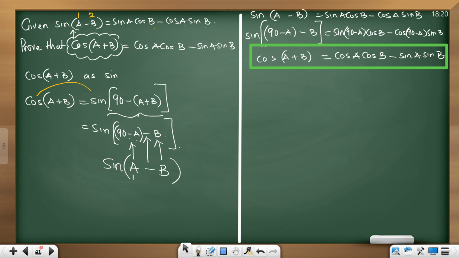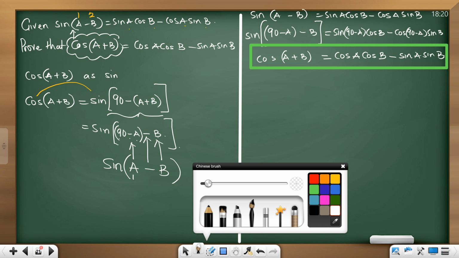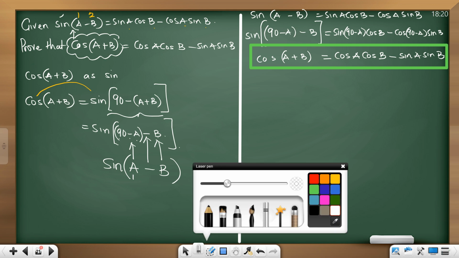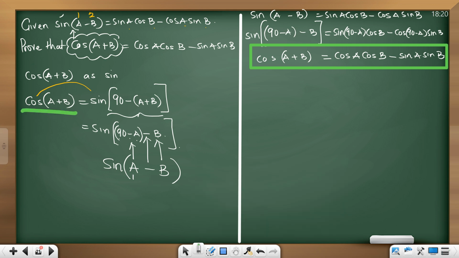Why did we use, in the first line, sir, A plus B and not A minus B? Where you said cosine A plus B is equal to sine 90 minus A plus B, why did we use a plus or a minus? Cofunctions is minus.